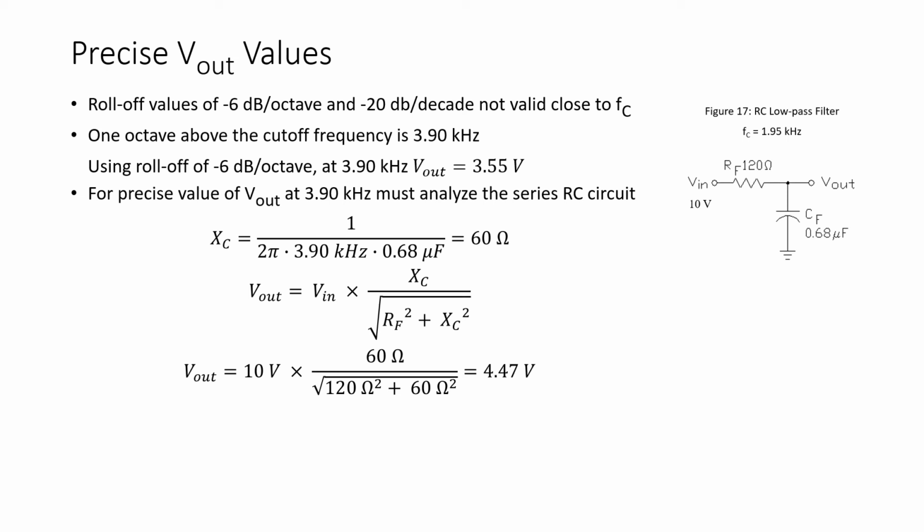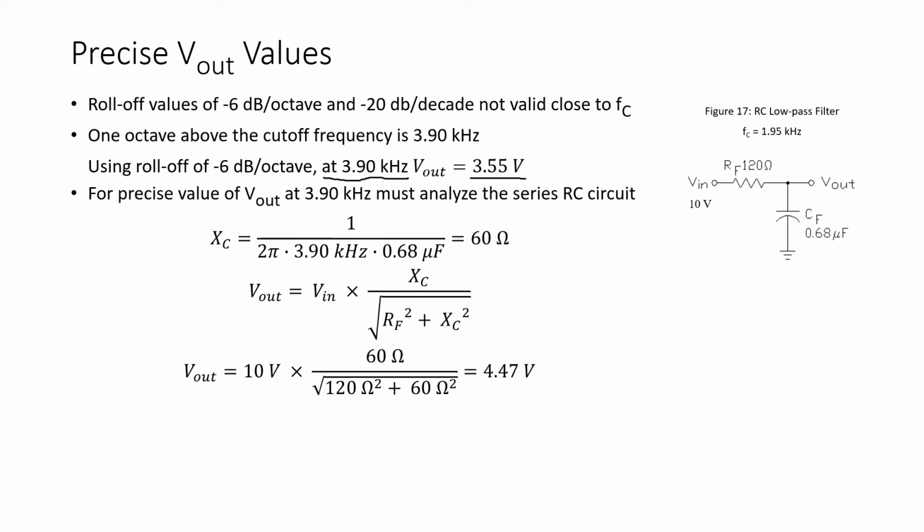So in order to obtain a precise value of the output voltage for the filter circuit of figure 17, again, using our stated roll-offs of -6 dB per octave, we obtained an output voltage of 3.55 volts at 1 octave above the cutoff frequency, 3.9 kilohertz.